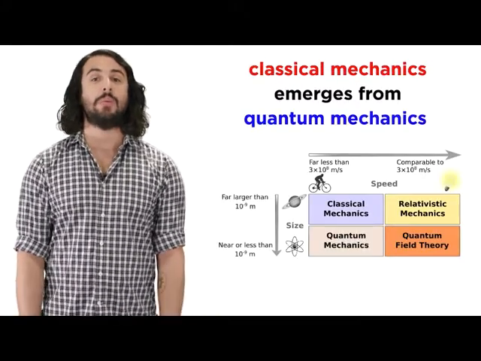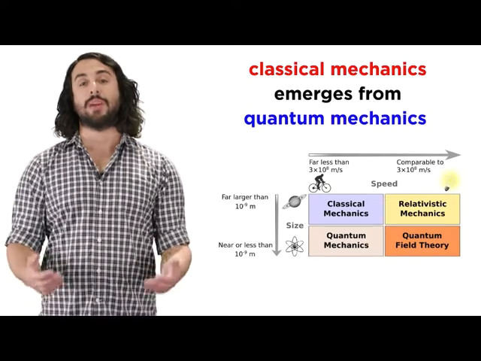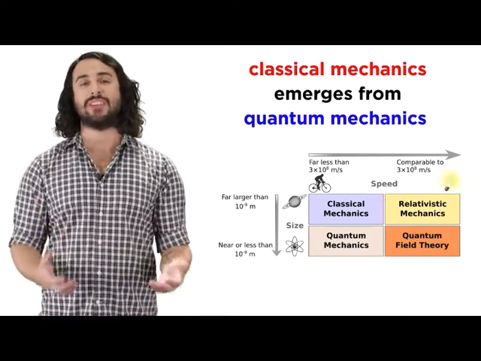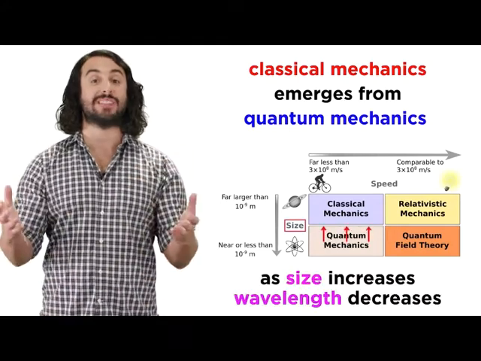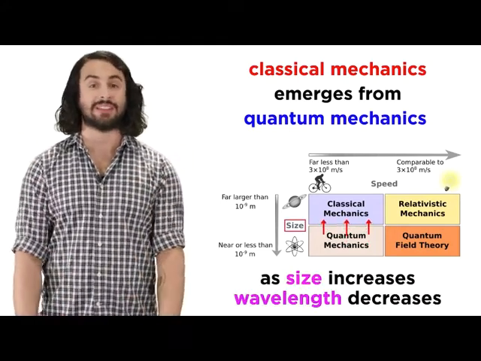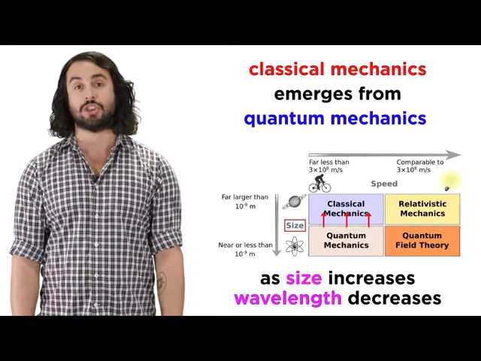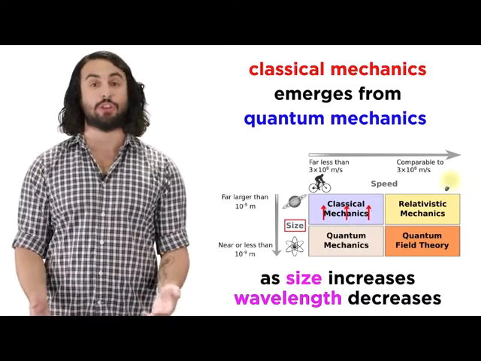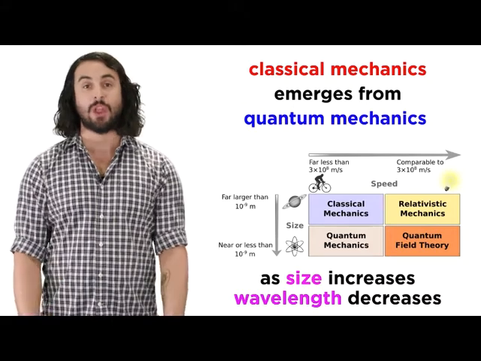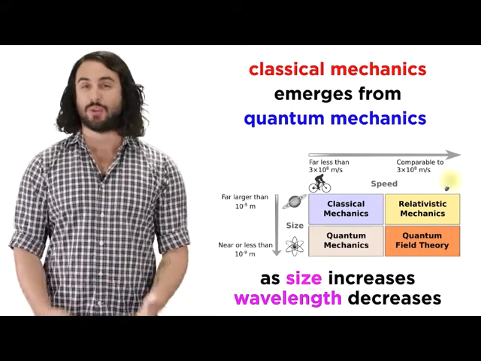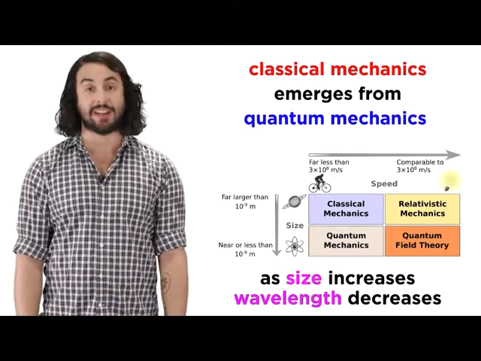In this way, we begin to see how Newtonian mechanics is not the fundamental descriptor of motion, but rather that it emerges from quantum mechanics as objects become large enough that their wavelengths are negligible. So don't worry, everything you learned in classical physics will still work just fine for any object you can see with your eyes.